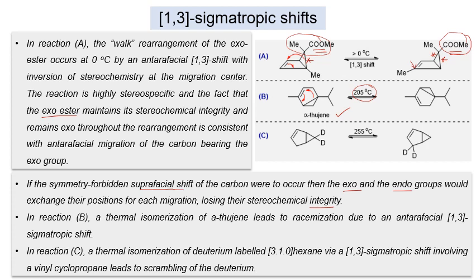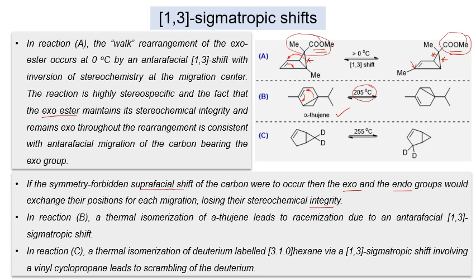Because the rearrangement, as you can see here, leads to the other enantiomer of the starting material, thereby racemizing the starting material thermally. And since this has to now take place antifacially, there has to be an inversion in the stereochemistry. Therefore, what happens? You end up getting racemization of the starting material.